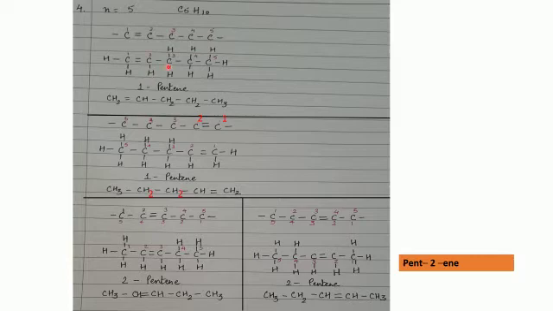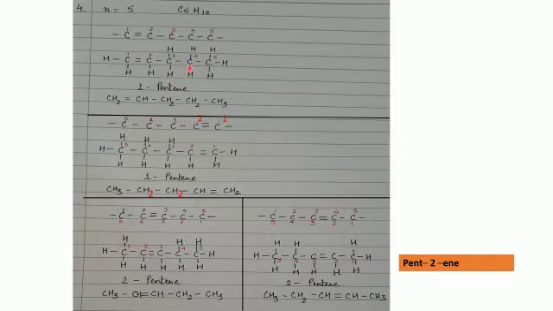Coming to carbon atom number 3, it is forming one single bond here, another single bond here. 2 electrons are still free, and it needs another 4 electrons to establish octet. So it will form one single bond with one hydrogen and another single bond with another hydrogen.